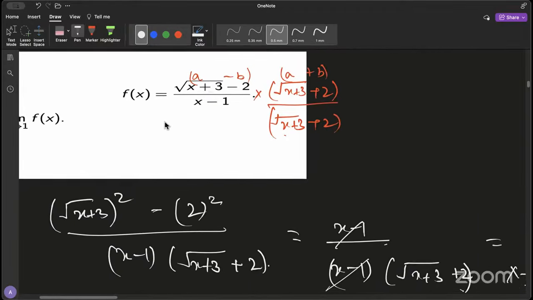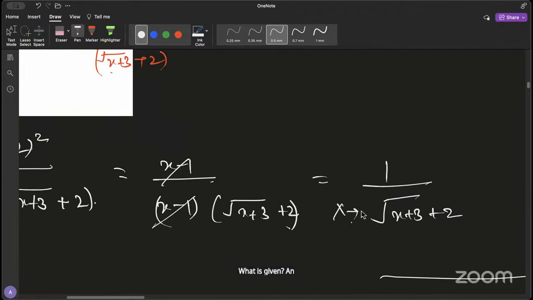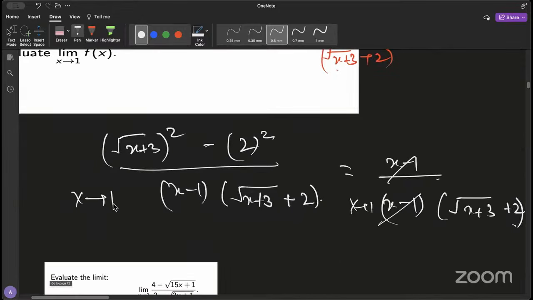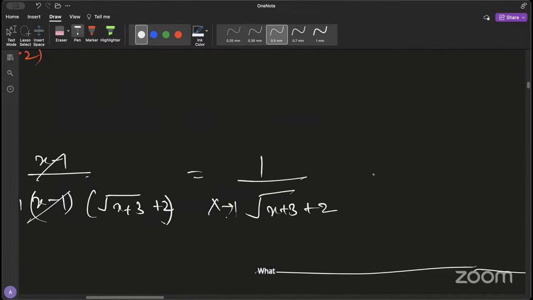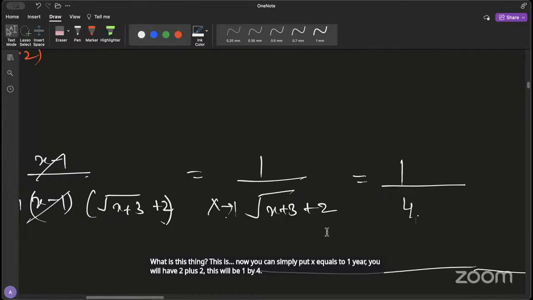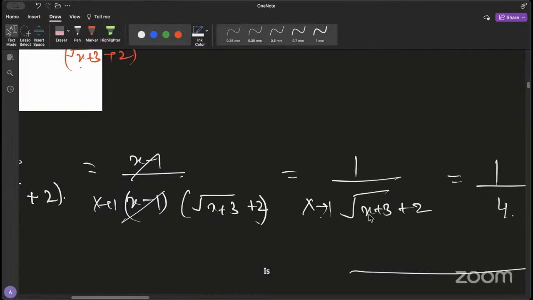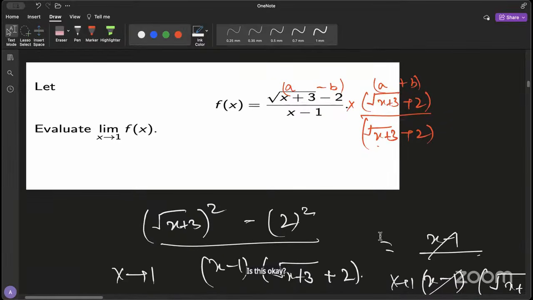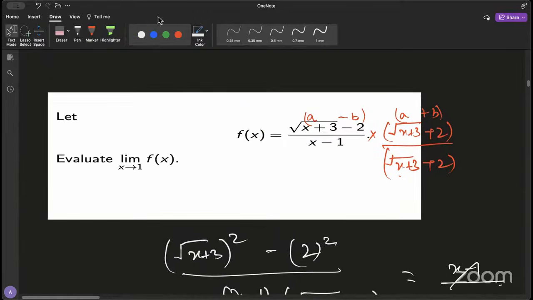When x tends to 1, you can simply put x equals 1 here. You will have 2 plus 2, so this will be 1 by 4. Is this okay? Yeah.